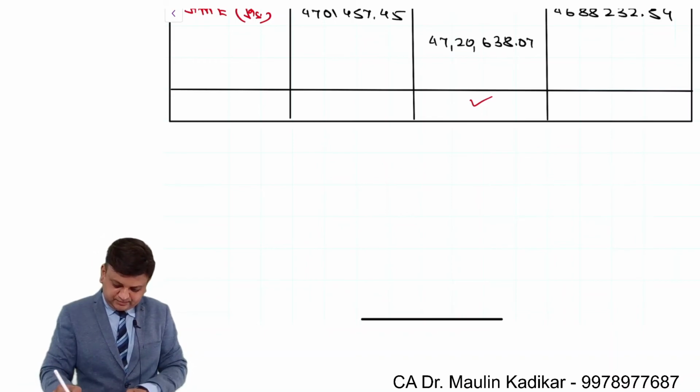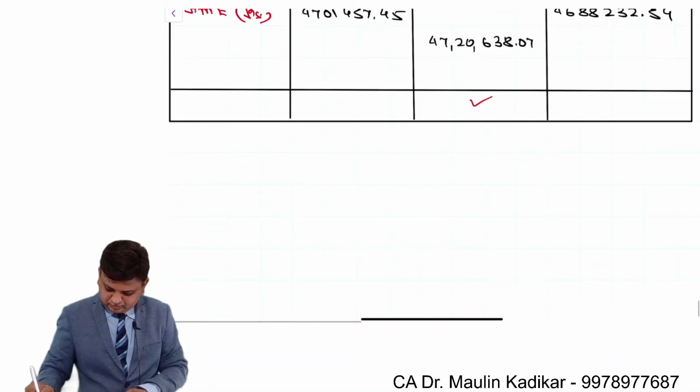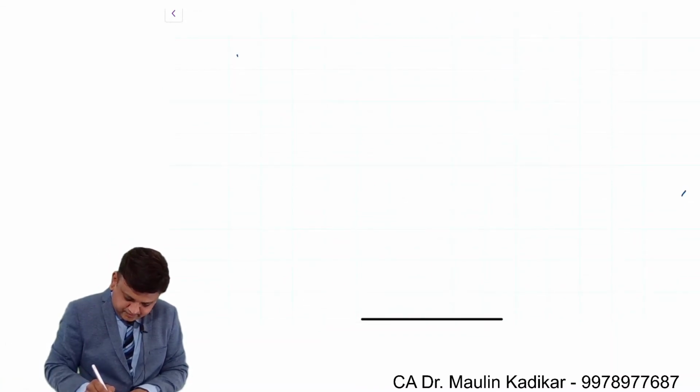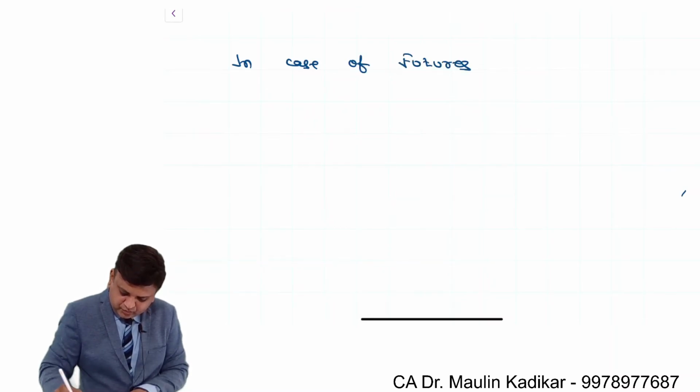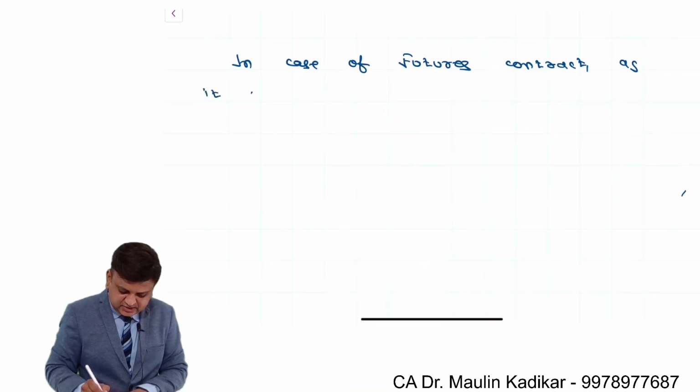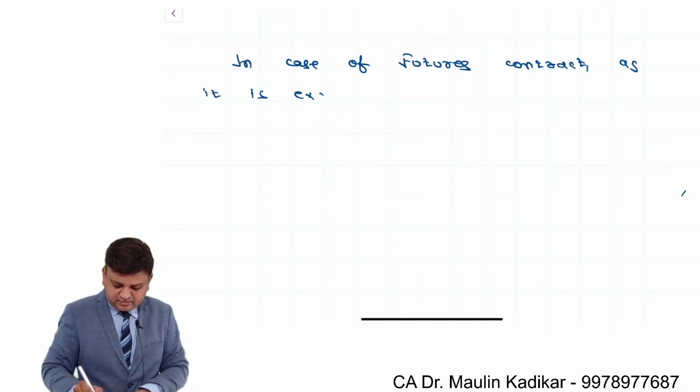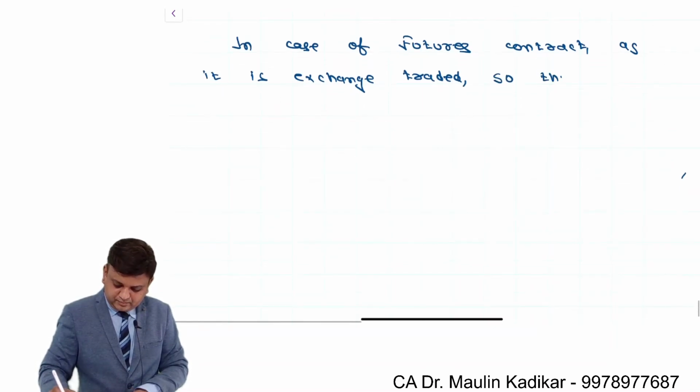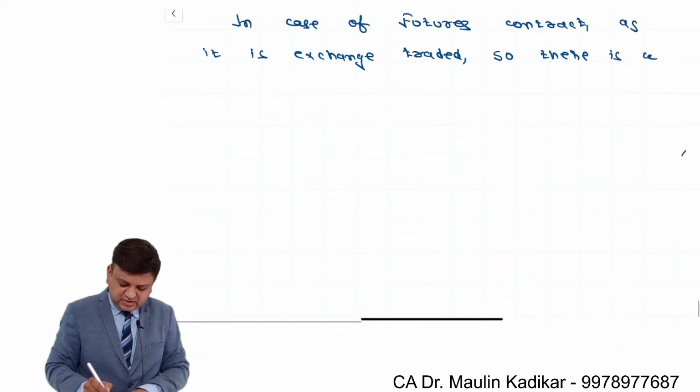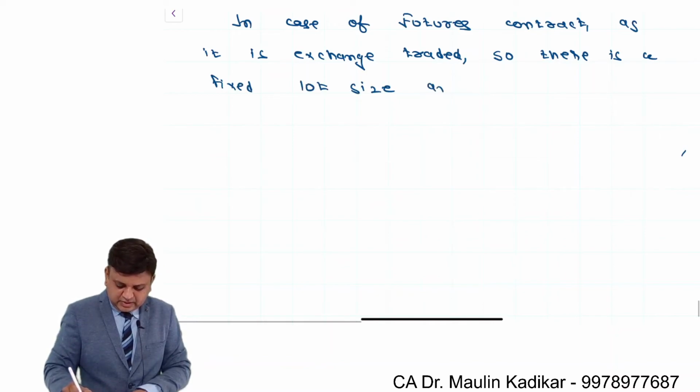Write down a small note for the answer. In case of futures contract, as it is exchange traded, there is a fixed lot size and a fixed date of maturity.